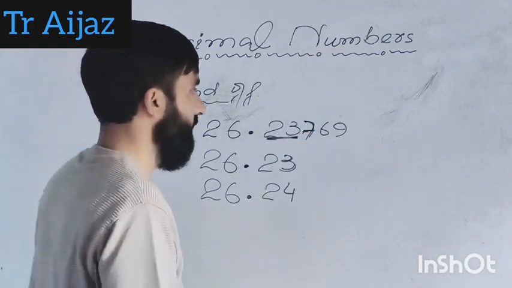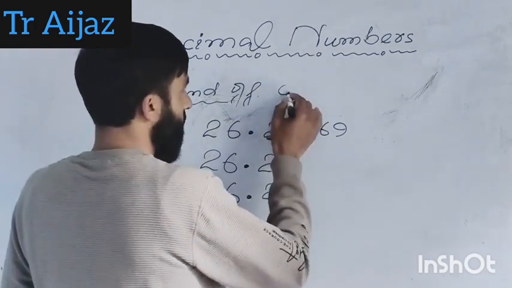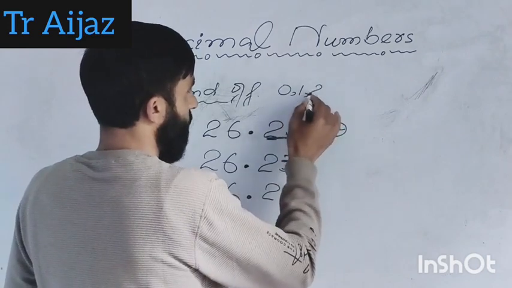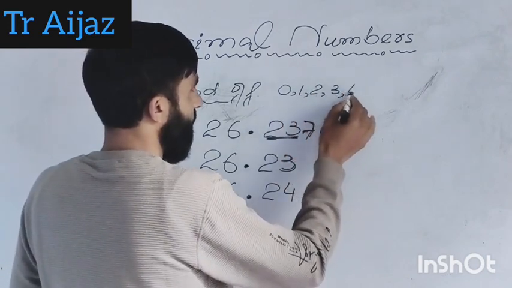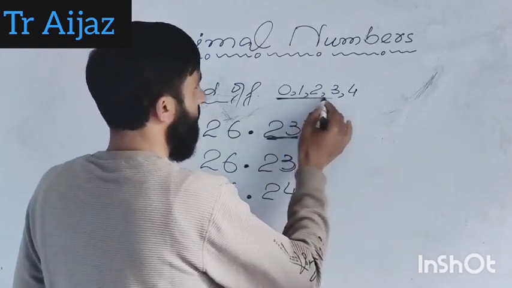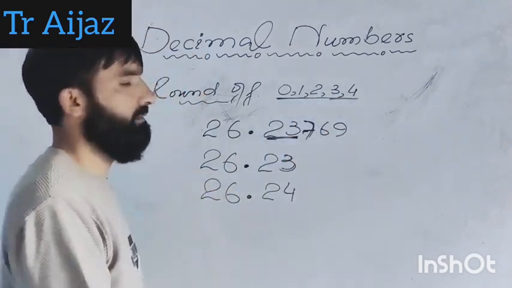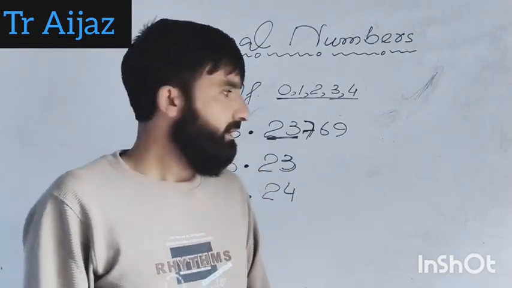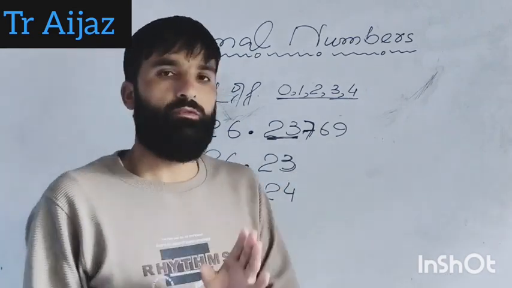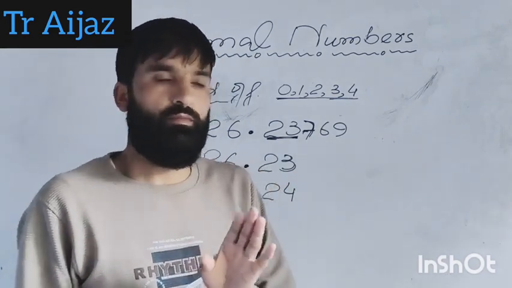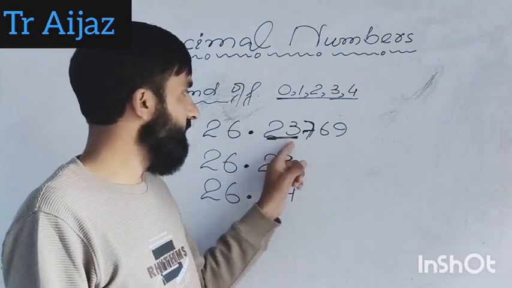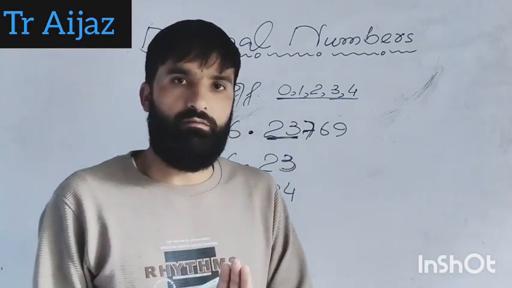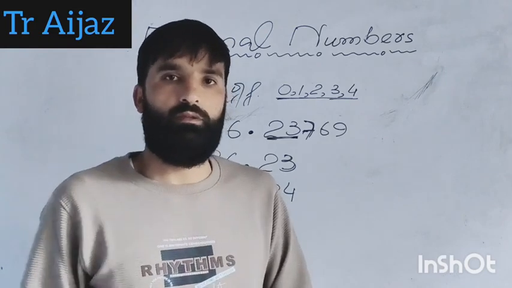We have to look. If it is 0, 1, 2, 3, 4, then the original number will remain as it is. Understand? This time we need only 2 digits after the decimal point. Now we have to check what will happen to this 3. This is the original number, 3.